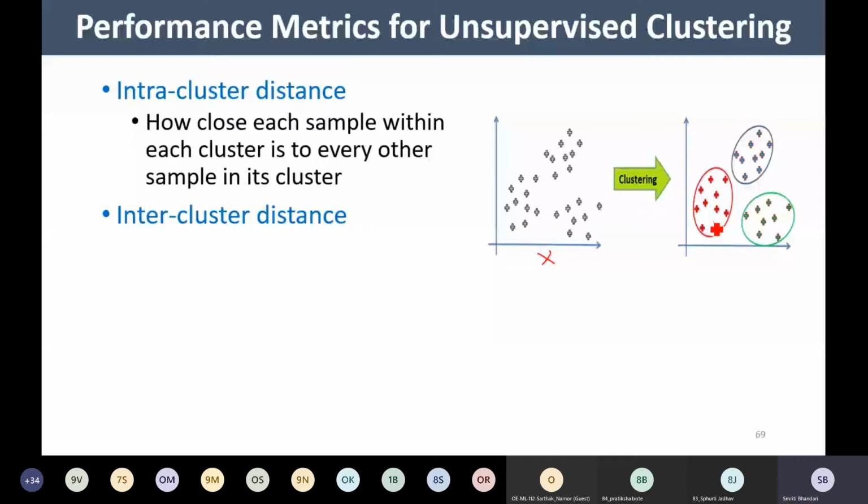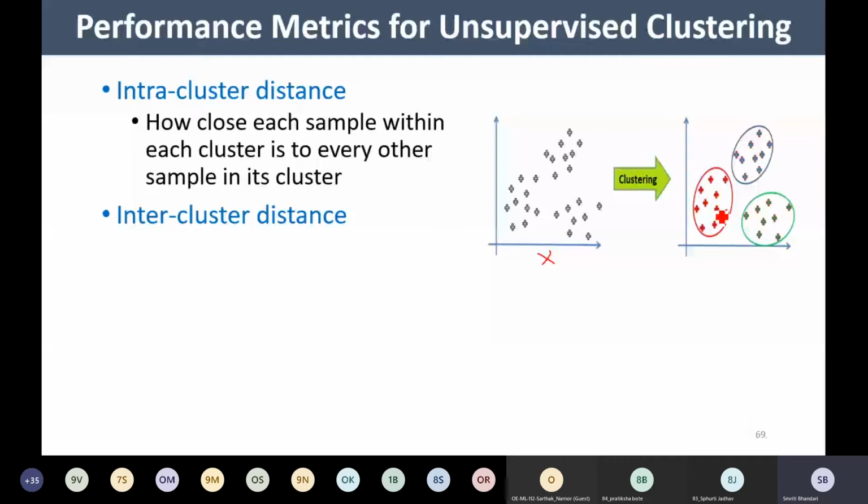That is called intra-cluster distance: the distance of the samples from one another within that cluster itself. This is one of the performance metrics. We find the distances of these samples from one another, and based on this distance measure we can come up with some insight. So we are concerned about the distance between the samples within the same cluster.